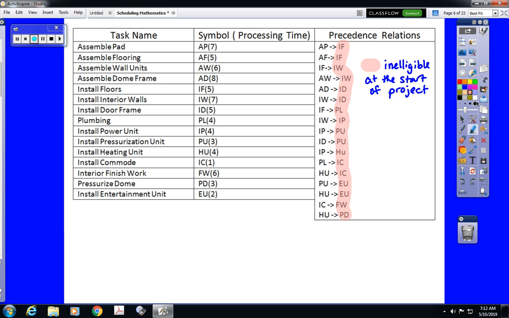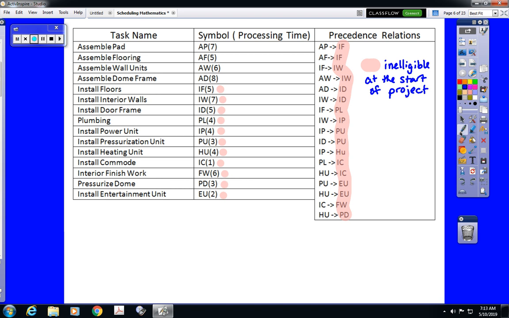So if we were to go through our list over here and just quickly drop a dot of color on the ones that we've highlighted: IF is not ready, IW is not ready, IDPL, IPPU, HUIC, EU, FW, and PD. Those are the ones that we've highlighted.